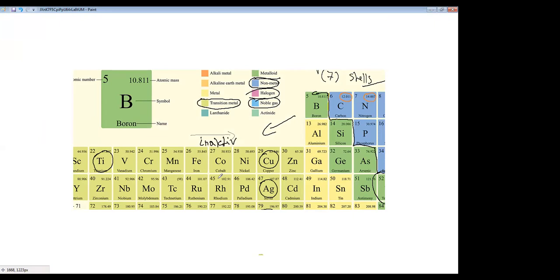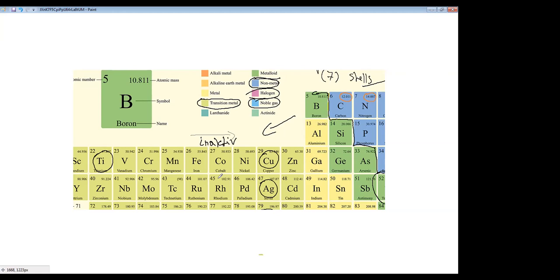So if you go down the group, the reactivity of metals increases. The reactivity of metals increases.